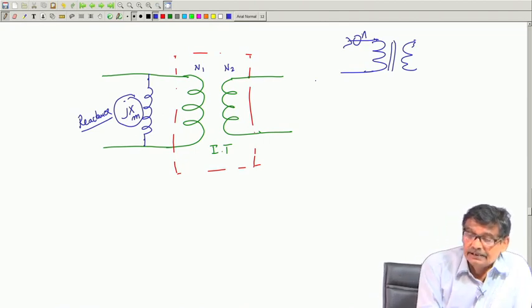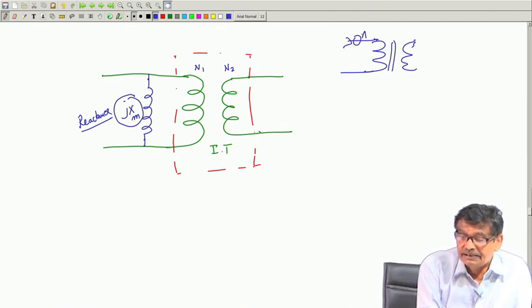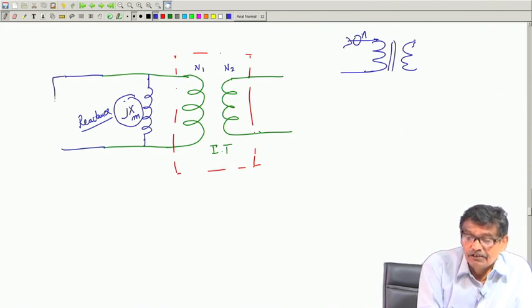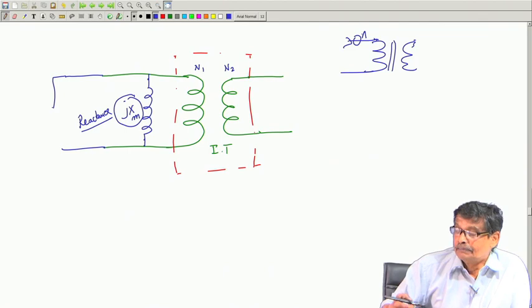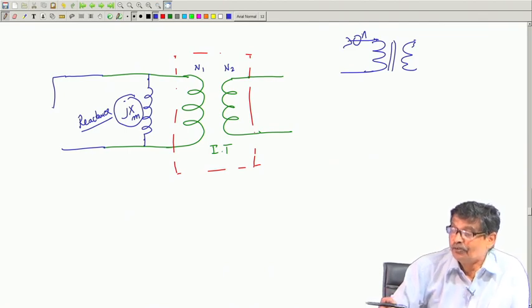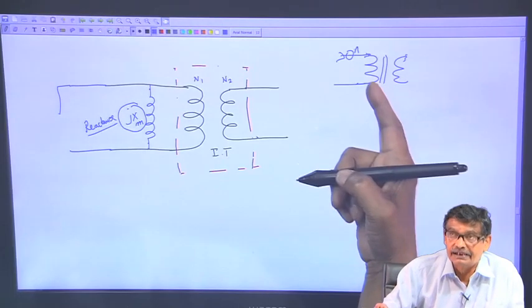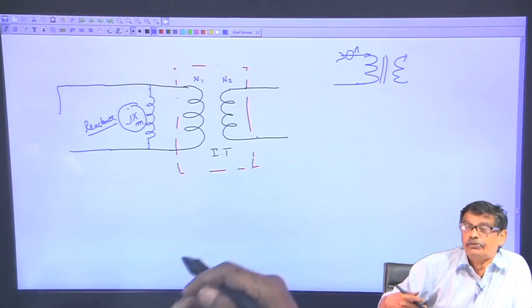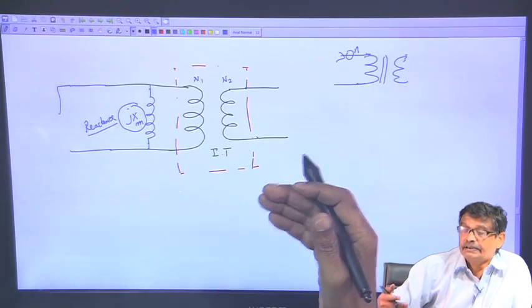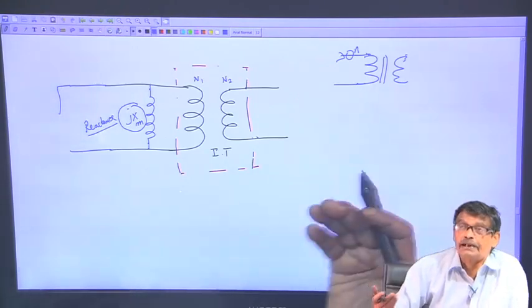Let us see whether it can really and faithfully follow the rules of this practical transformer. It can faithfully represent whatever is happening in a practical transformer.